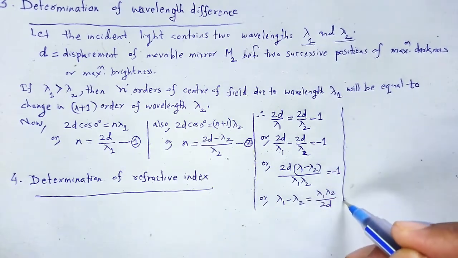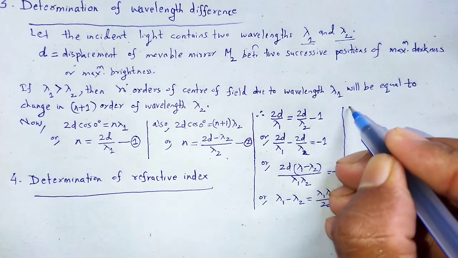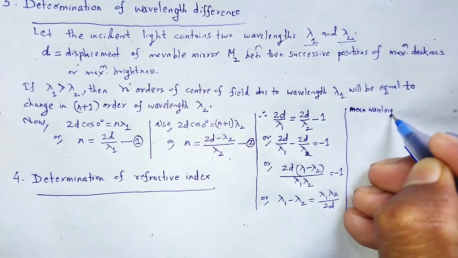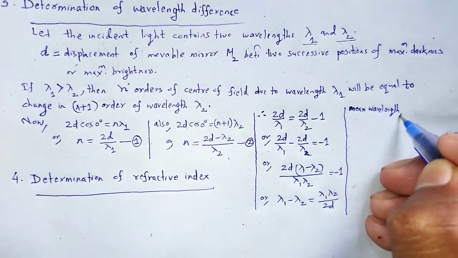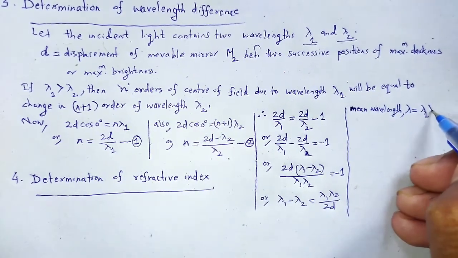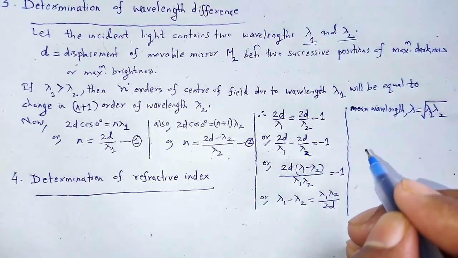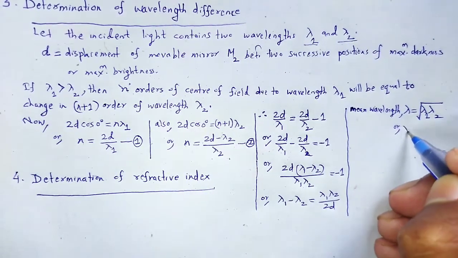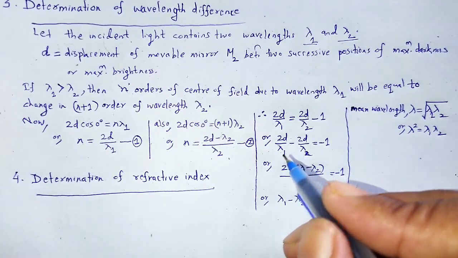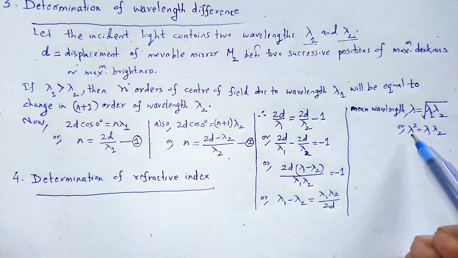Next, we use the mean wavelength lambda, which is the square root of the product of lambda 1 and lambda 2. So, squaring both sides, lambda square is equal to lambda 1 into lambda 2. Now, using that relation, in place of lambda 1 and lambda 2, we substitute lambda square.